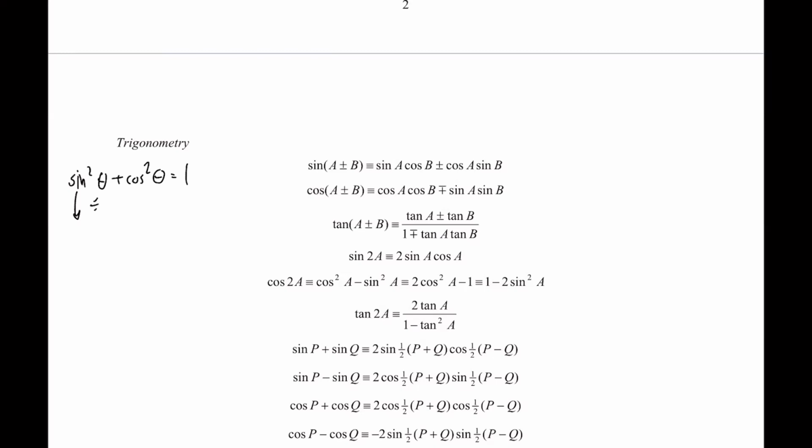If you divide by sine square, or divide by cosine square, it's not provided anymore. You need to remember how to recover it yourself, or just memorize. The alternative way is to just remember sine square plus cos square equal to 1, then divide by sine square, and the other one is to divide by cosine square. These are the things that are not in the formula list. You need to memorize.